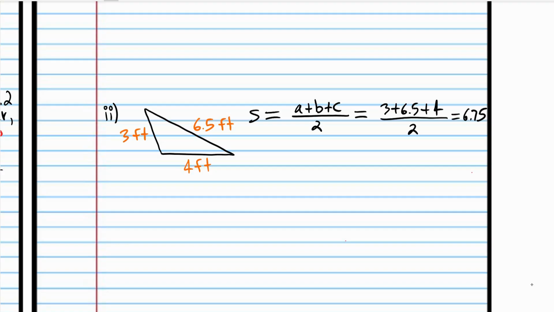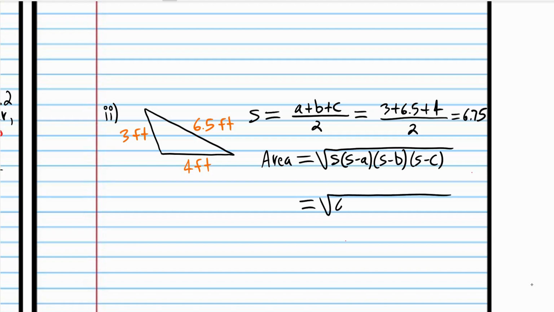So now we can use Heron's formula. The area of a triangle is equal to the square root of S times S minus A times S minus B times S minus C. And S is that number that we found. A is one of the sides, I'll just make it 3.